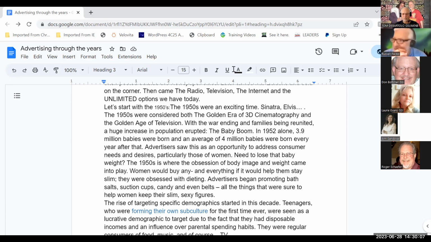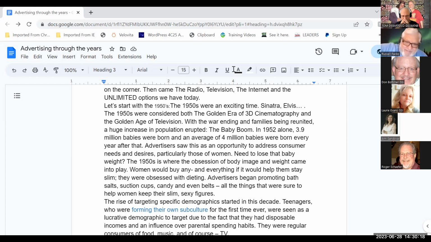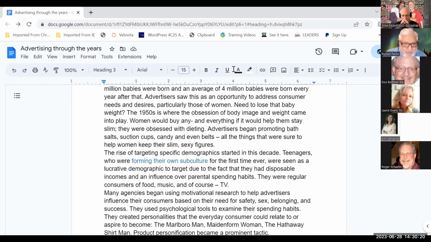These came into play when advertisers targeted them, and they would buy just about everything that would help them stay slim. They had an obsession with dieting. Advertisers began promoting bath salts, suction cups, candy, and even belts, all the things that were sure to help women keep their slim, sexy figures.